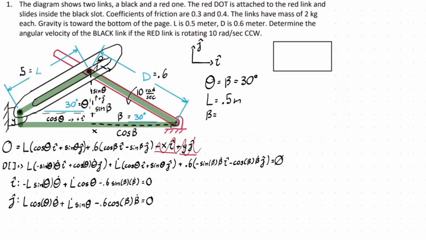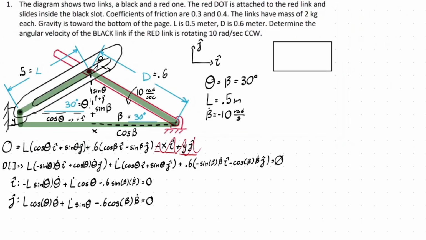It told me the beta dot is 10. But is this angle getting bigger or smaller as time goes? Since this thing is rotating counterclockwise, in this direction, you can see that this angle would be getting smaller as time passes. So this is going to be a negative 10 radians per second.